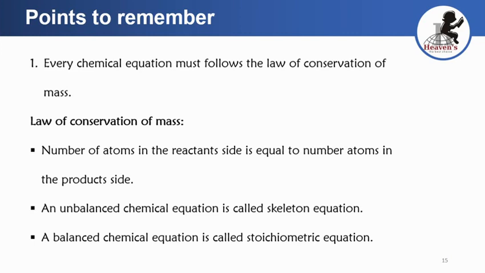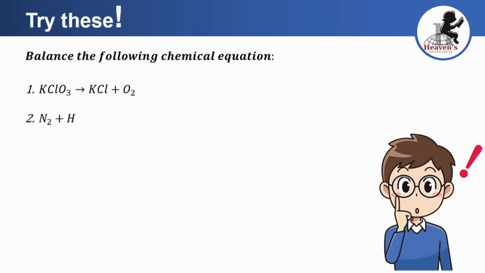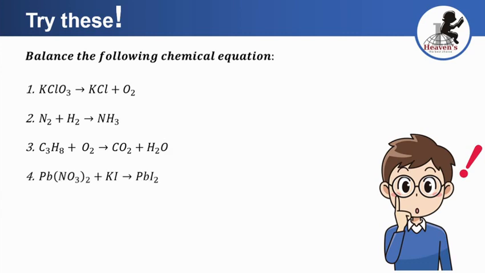Now try this. Balance the following chemical equations. First: KClO3 gives rise to KCl plus O2. Second: N2 plus H2 gives rise to NH3.